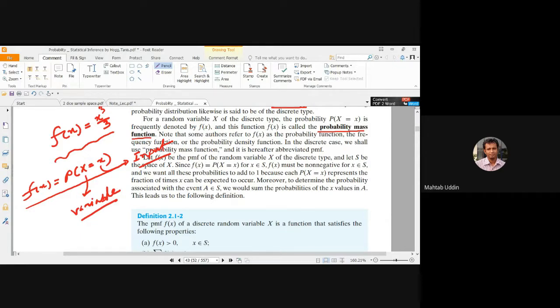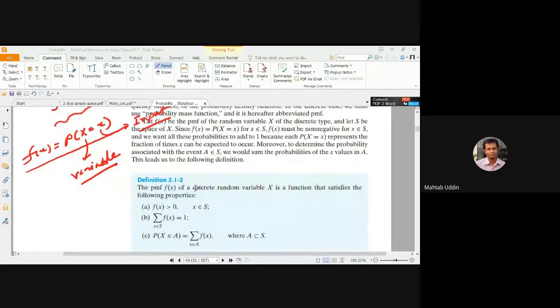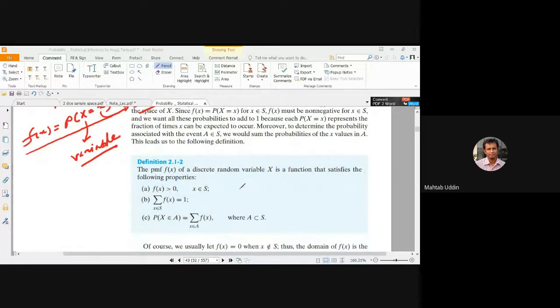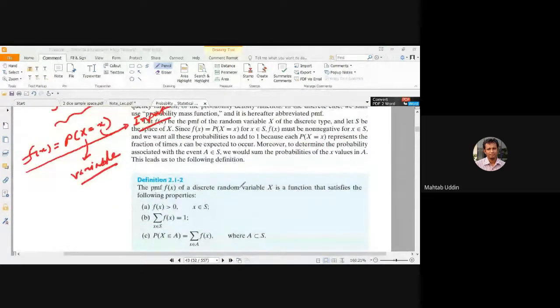Okay, so capital letters are the declared variable and the small letters are the inputs. Okay, do you understand? Hello. Yes, sir.